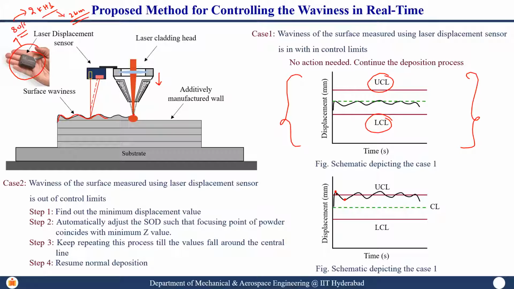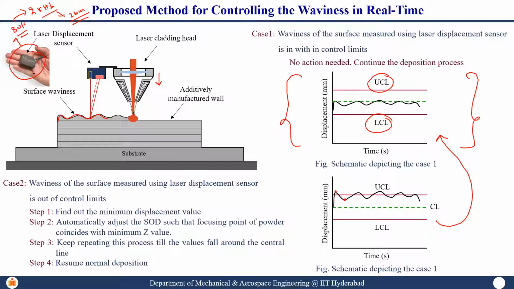By adopting this technique, if you deposit 2 or 3 layers, you can bring it back to the condition where it is under control. So the technique is simple, but for implementation, you need someone who can do this control system and PID controllers and everything.